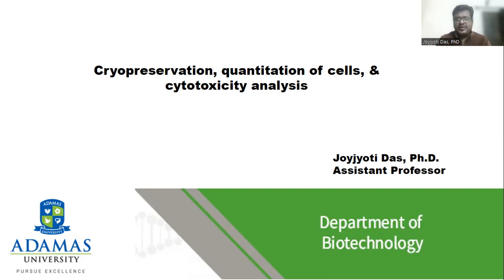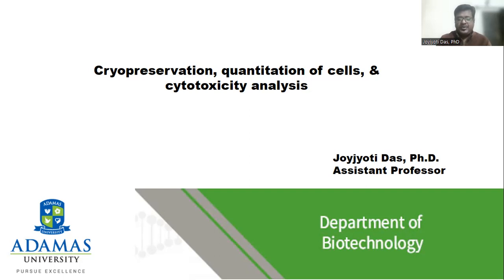So, in this final lecture of the series, we are going to talk about certain important practices of routine animal cell culture, and knowledge of these few topics is going to equip you with the basic knowledge and know-how of animal cell culture practices.